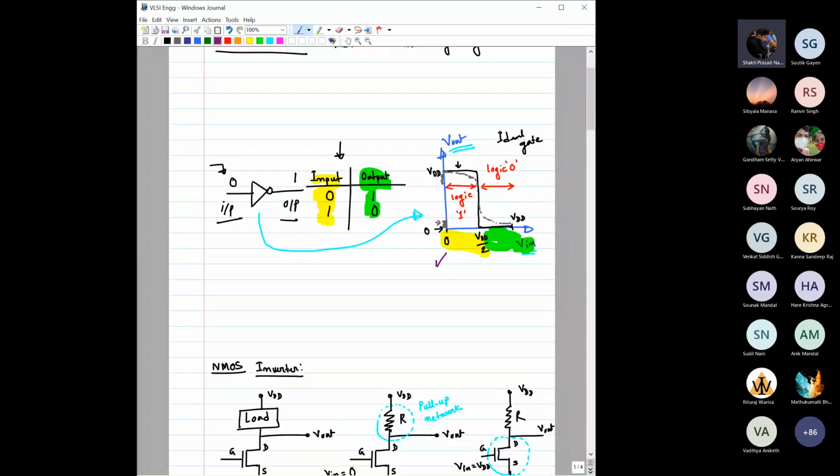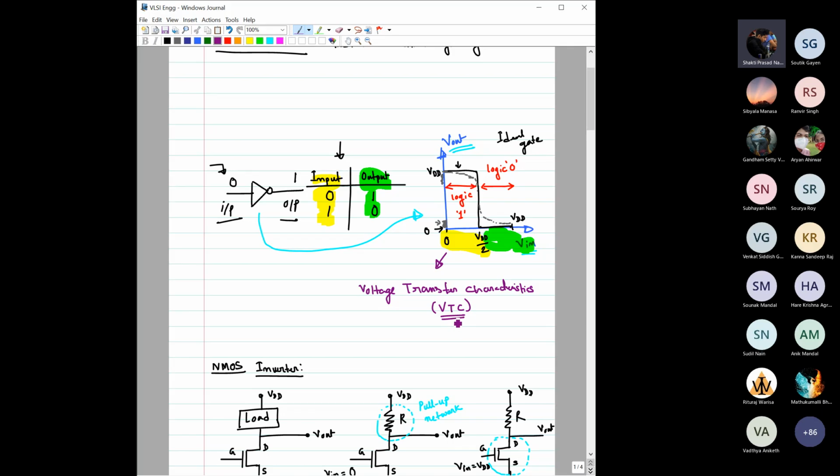This is called the voltage transfer characteristics, or in short, VTC.